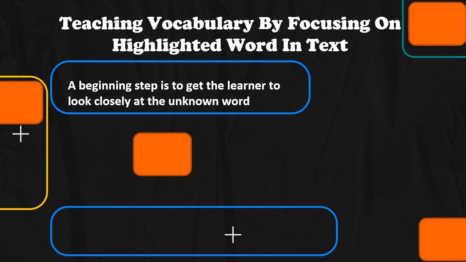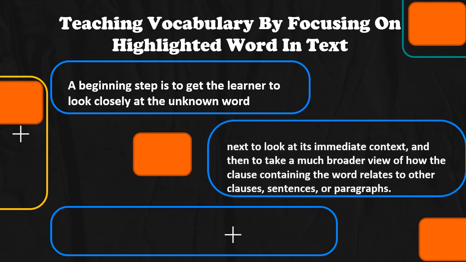In teaching vocabulary by focusing on highlighted words in text, there are several steps. A beginning step is to get the learners to look closely at the unknown word in a context.